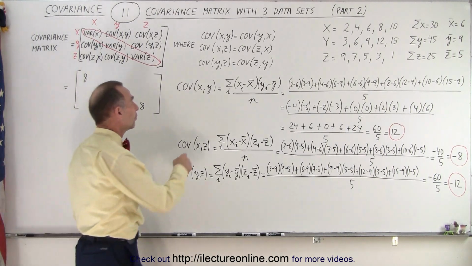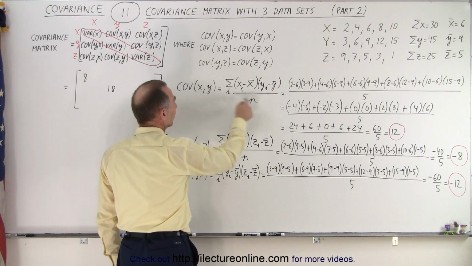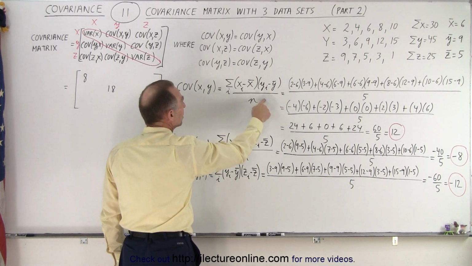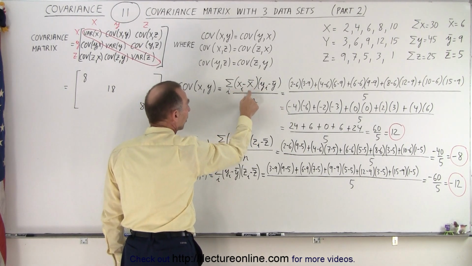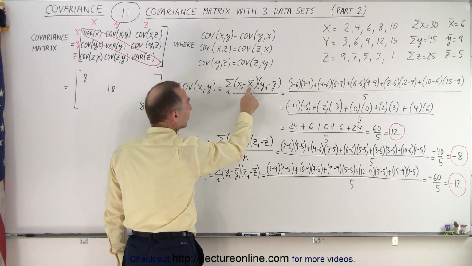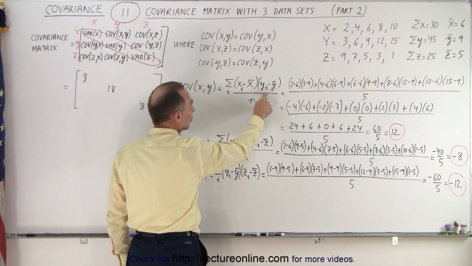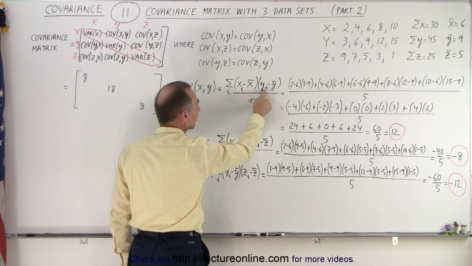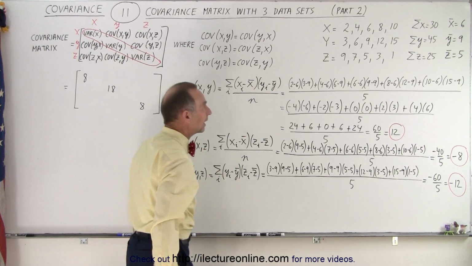Well, the covariance for data sets X and Y is defined like here, which means we're going to sum up the products of the difference between each of the elements in the X data set and the average of that data set, and we multiply that times the difference between each of the elements in the Y data set minus the average of the Y data set.